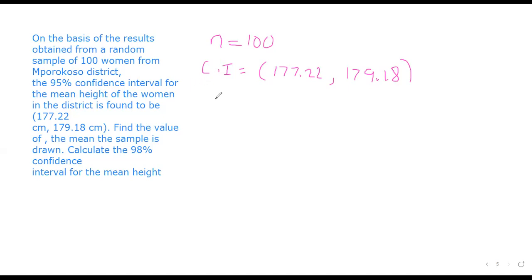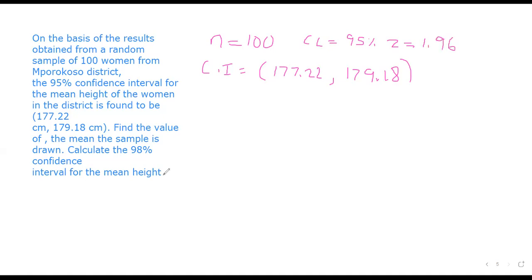What else are you given? Confidence level is what? 95. Therefore, what is our Z? Our Z is 1.96.